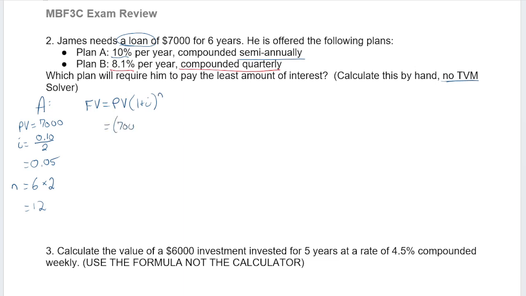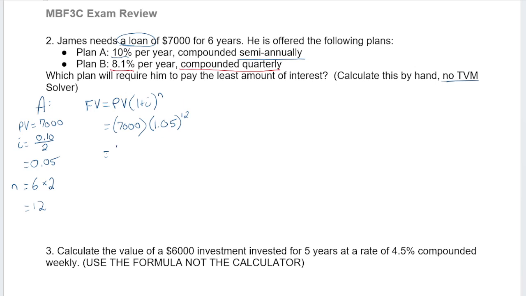So we have 7,000. 1 plus I, I'm just going to add it together. 1 plus 0.05 is 1.05 to the power of 12. So we have 7,000 times 1.05 to the power of 12.